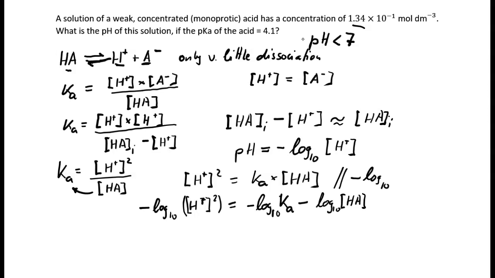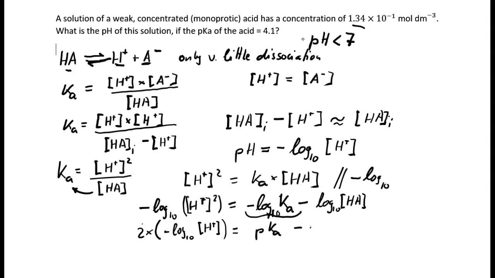Okay, so what can we do with that? We can simplify the left-hand side a little bit. So this would be 2 times negative log 10 of the proton concentration equals, now we know what this one here is. We know that negative log Ka is nothing else but pKa.